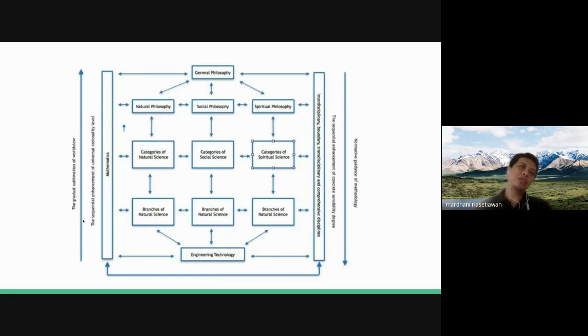The first side is about the worldview, the gradual sublimation of the worldview. And you can see in here, because it is gradual, it means we see all things in realism.